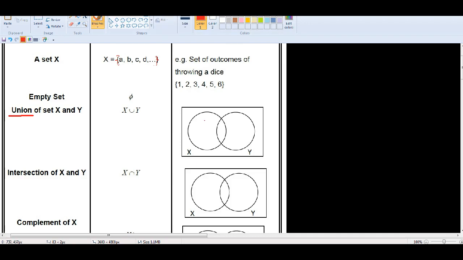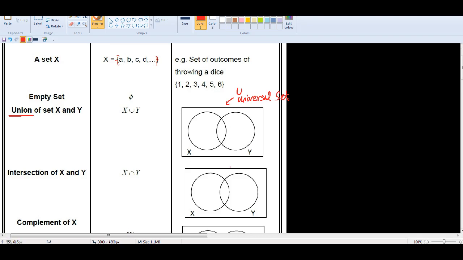That rectangle means the larger set, what we call the universal set. Normally we use U or another symbol, a Greek letter, in the book, but we use U at the moment. Universal set means all the things in the context we are considering.